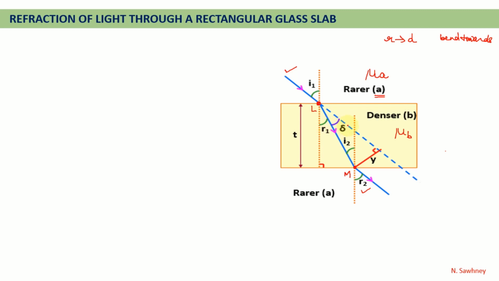That is, the angle of deviation is represented by delta after first refraction. So the refraction at first interface can be written as sin I1 upon sin R1 is equal to mu B upon mu A.